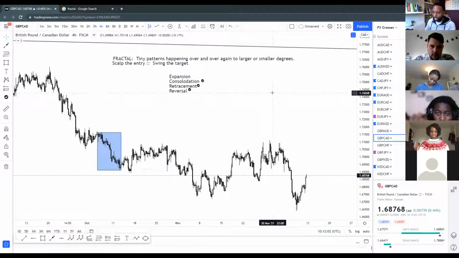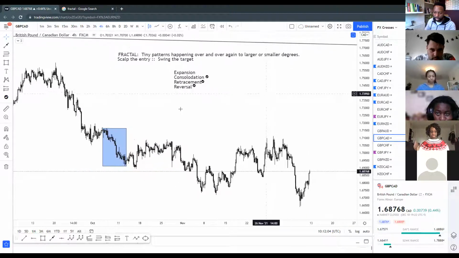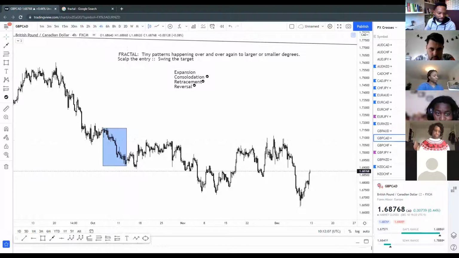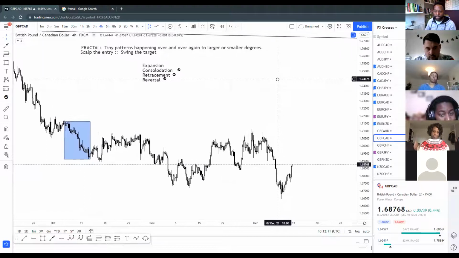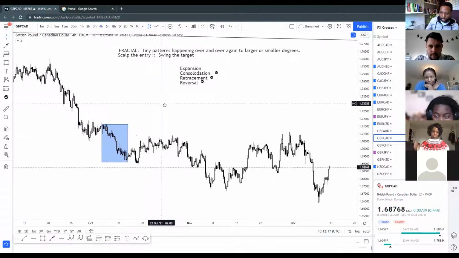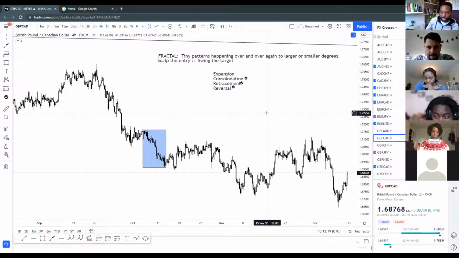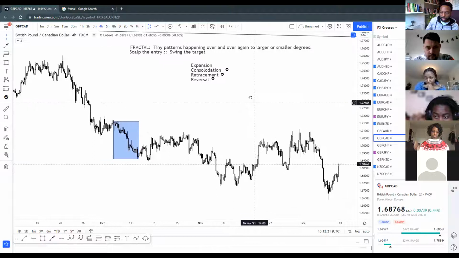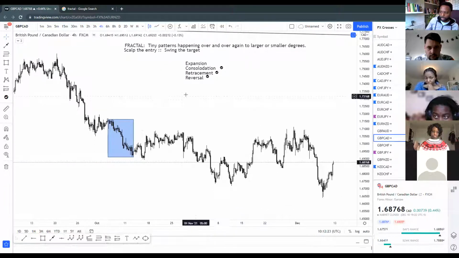So Joe, I'm going to give you back the control. That was your one area of expansion, which is fine. Now we only did the area of expansion going higher, but you can understand that the same thing happens in reverse as well. So right now the chart that we're looking at is a chart of a downtrend. So the same thing would happen on a downtrend.